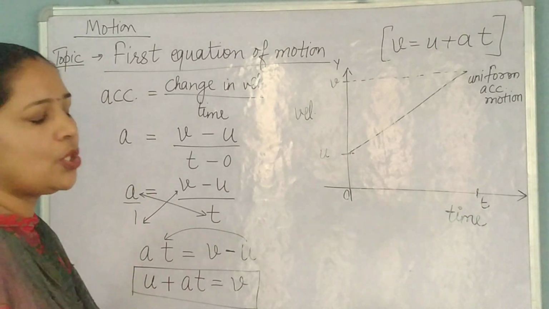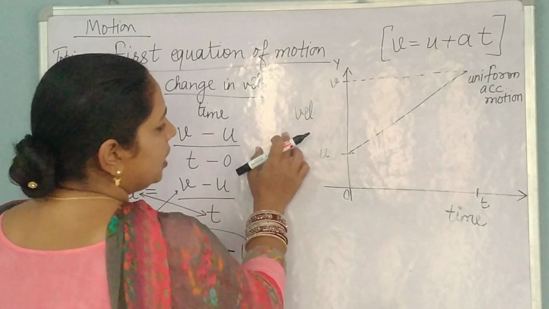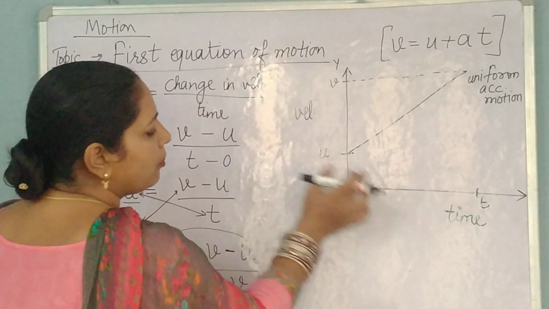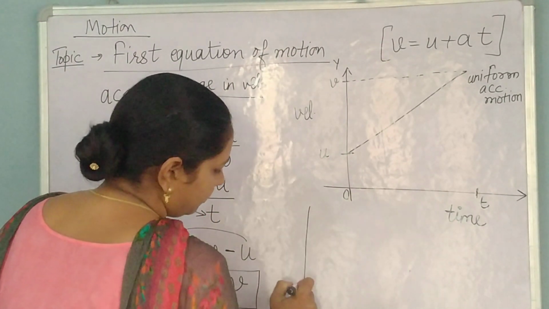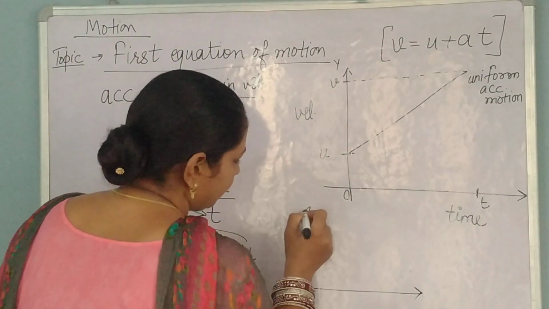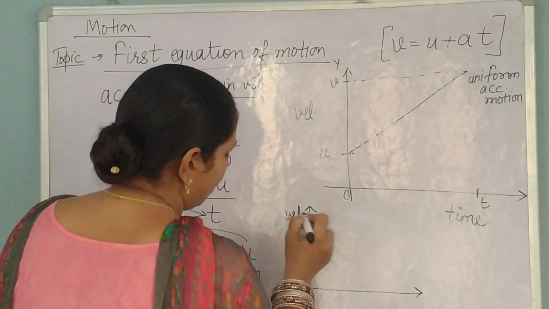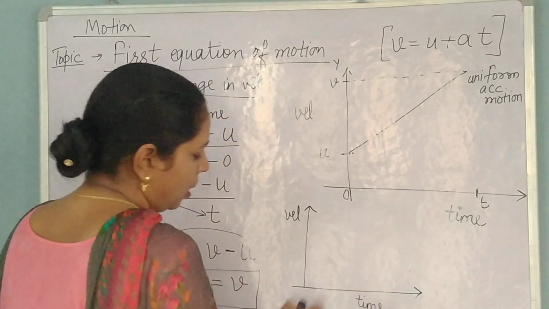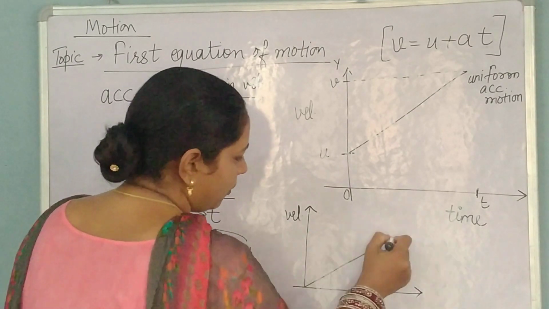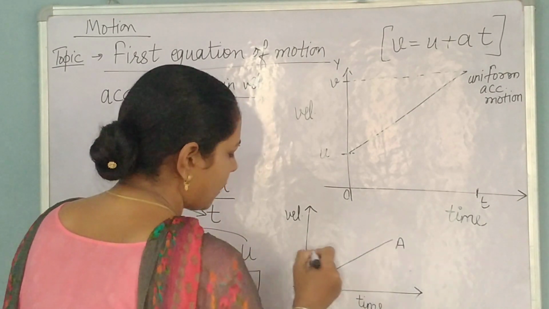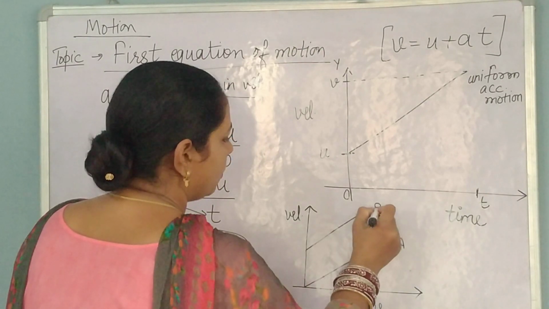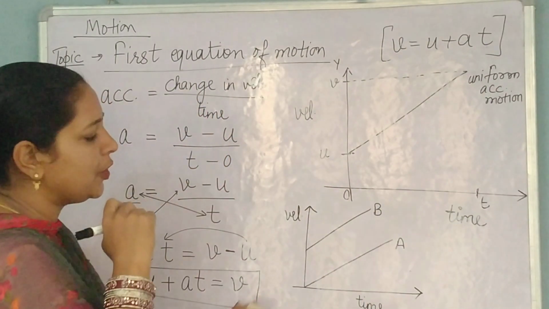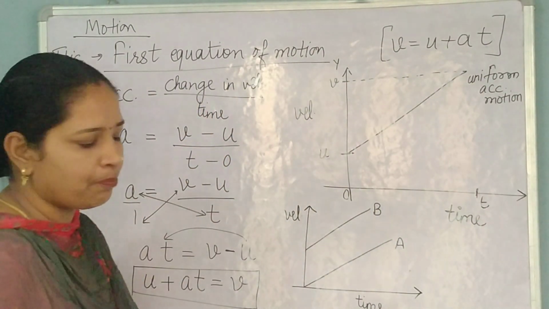And one more thing, students, whenever you see a velocity time graph, here it is velocity and here it is time. I'll draw two graphs. This one is A and this one is B. What's the difference between these two graphs?